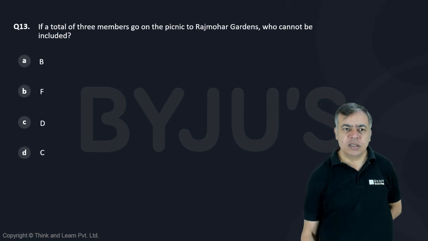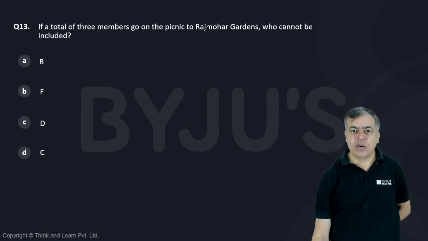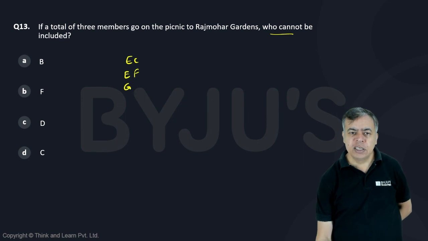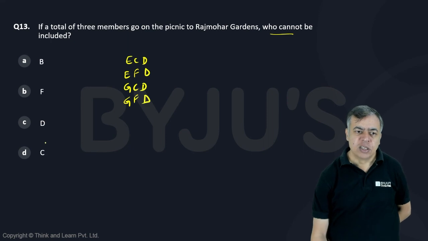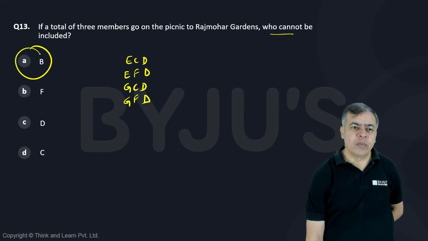So he's saying who cannot be, right? There EC, EF, GC, GF and D was there in all. So these were the possibilities. So here you cannot have B, right?